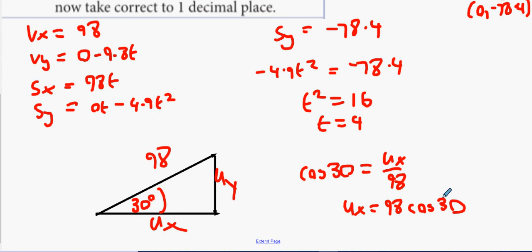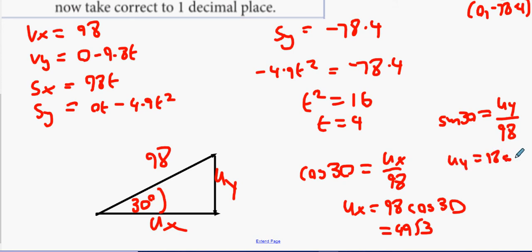And 98 cos 30 is 49 root 3. Same trick for sine 30. Sine 30, which is opposite divided by hypotenuse, which would be uy over 98. And then uy is going to be 98 sine 30. And 98 sine 30 should be 49. Yeah, it's 49.